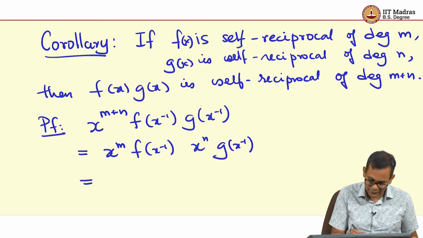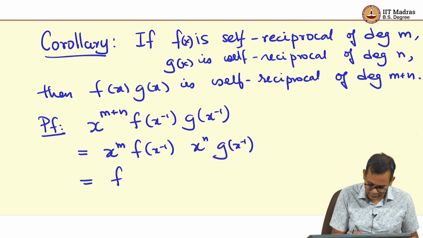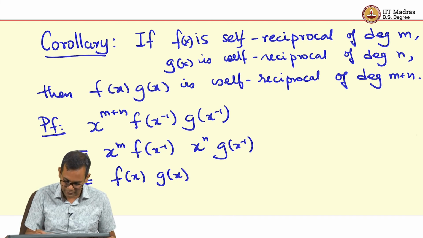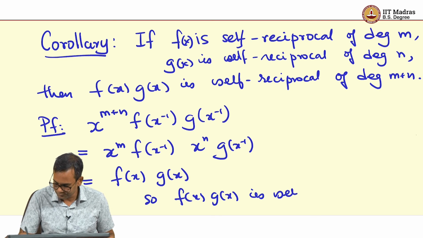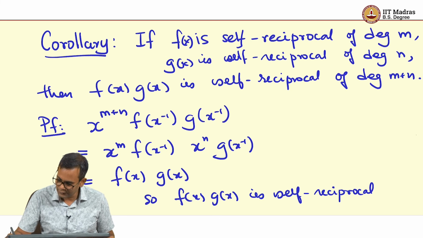But by the lemma, since f is self-reciprocal, this is just f of x, this is just g of x, and so again applying the lemma, we have f x g x is self-reciprocal of degree m plus n.